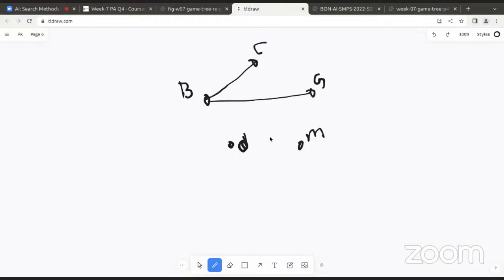CB. This is Chennai. This is G. This was Mumbai, Delhi, I'm writing lowercase. And then there's a Bangalore.